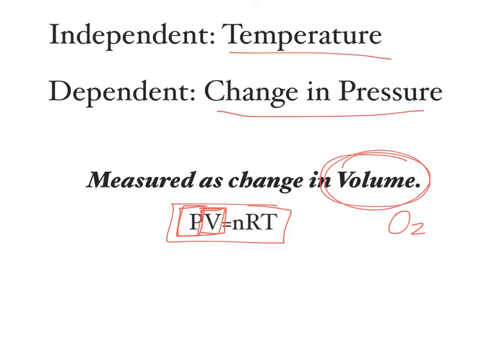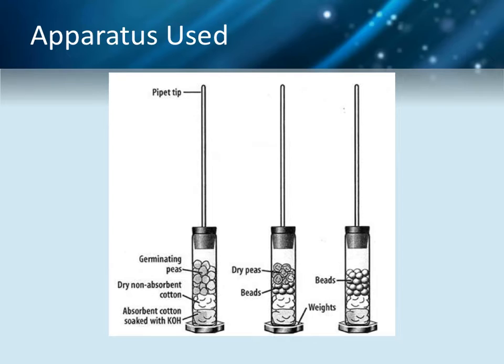Okay, so if the volume of a gas goes up, the pressure of that gas is going to go up. And if the volume of the gas goes down, the pressure of that gas is going to go down. Okay, so we can tell how much oxygen is being produced based on the actual pressure change in our system. So the pressure and the volume are related.